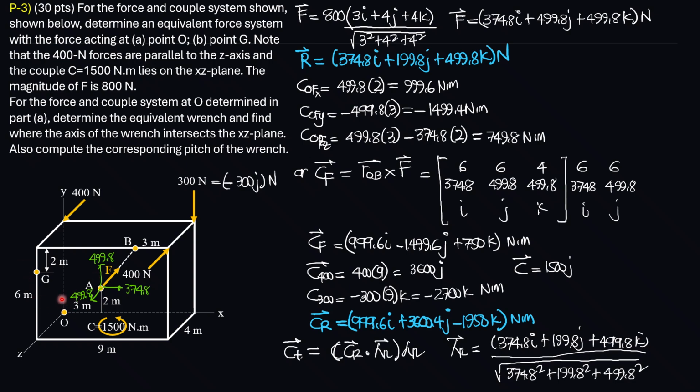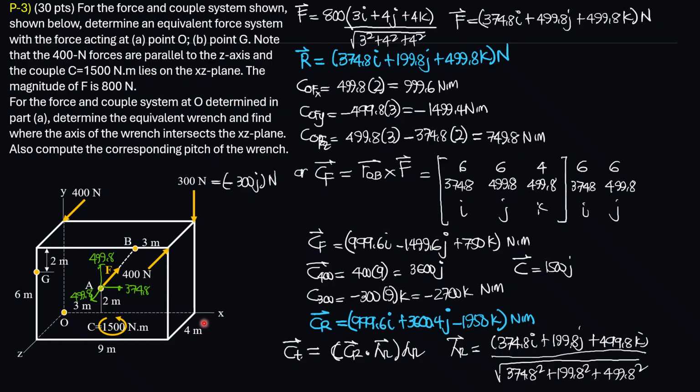This is the positive sense, and the moment of 499.8 is in the opposite sense, so it is negative 499.8 times 3, and it is negative 1499.4 Newton meter. Then finally, moment about z, positive sense will be in that manner. So this is parallel, no moment. So 499.8 times 3 is positive, while 374.8 times 2 is negative, and that is 749.8 Newton meter.